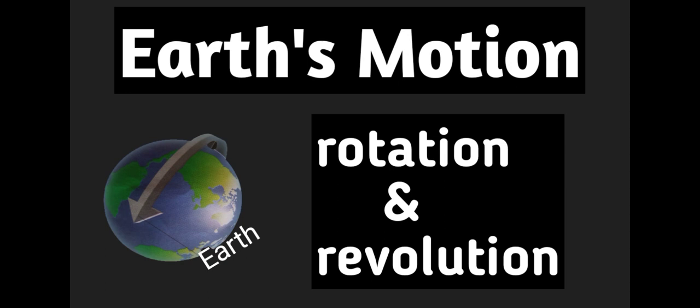The earth's axis always points in the same direction. During its orbit, different parts of the earth are tilted towards the sun at different times and receive different amounts of sunlight. This causes seasons.